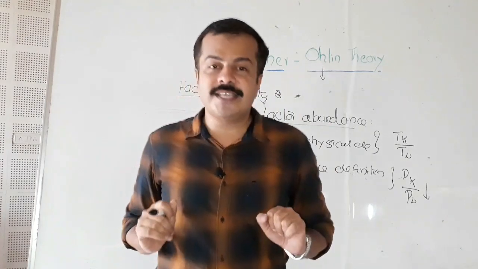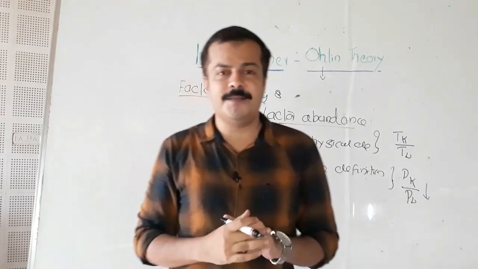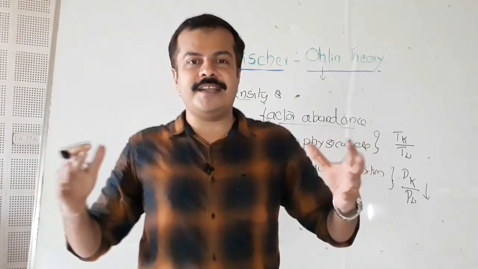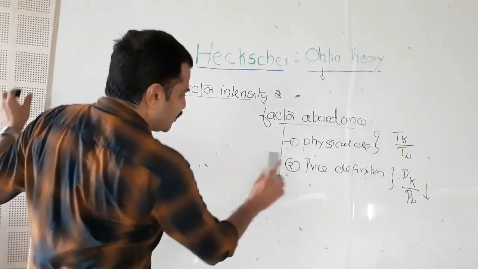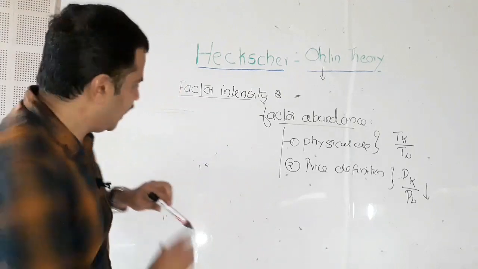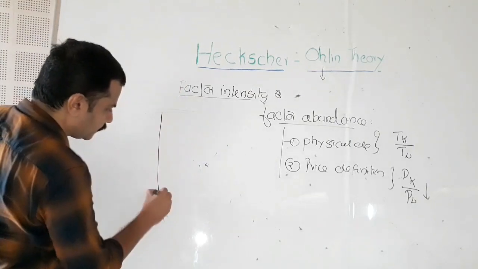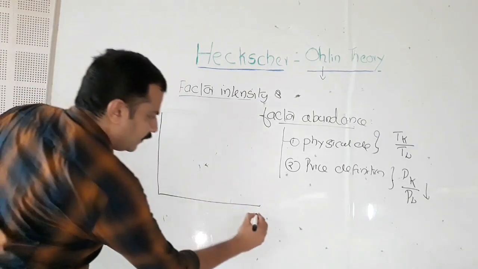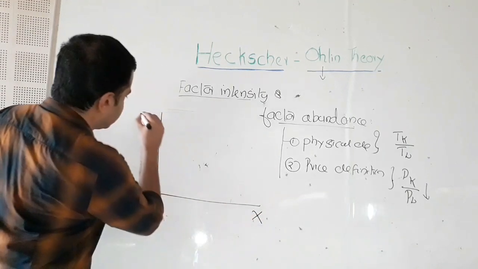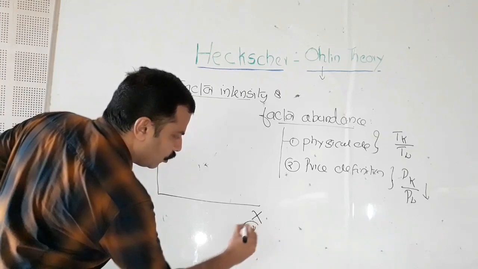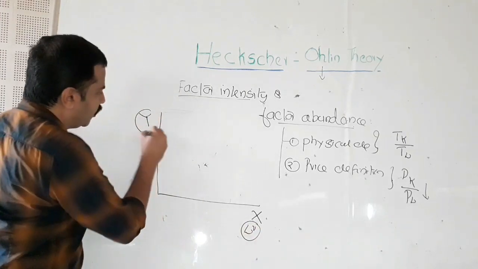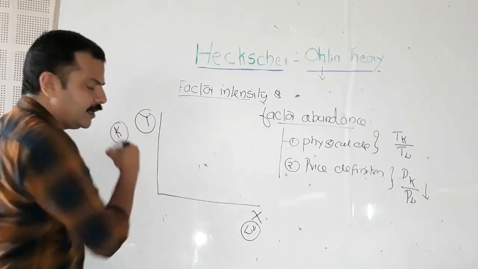Then the production possibility curve or production possibility frontier of both the countries will have a unique shape. Let us analyze the shape of the production possibility curves of these two countries. Here we will measure commodity X, and here we will measure commodity Y. Commodity X is an L good or a labor intensive commodity, commodity Y is a K good or a capital intensive commodity.